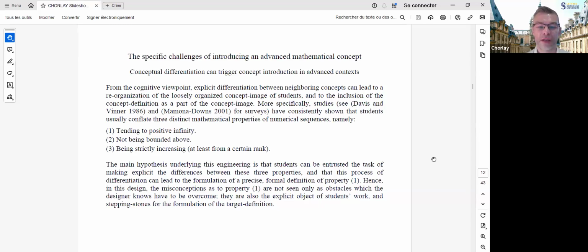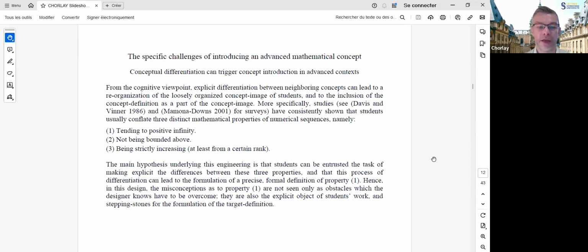The main hypothesis underlying this task design, this engineering, is that students can be entrusted the task of making explicit the differences between the three properties, and that this process of differentiation can lead to the formulation of a precise formal definition of property 1, the infinite limit.